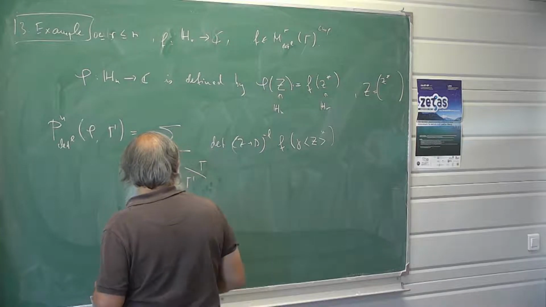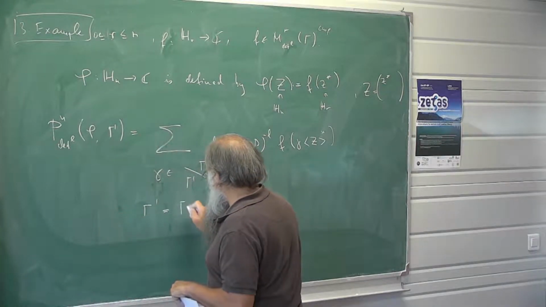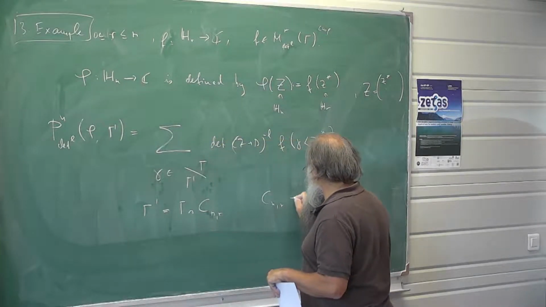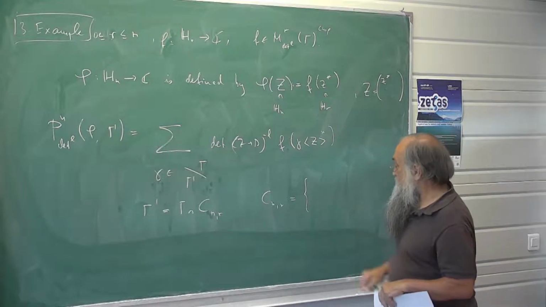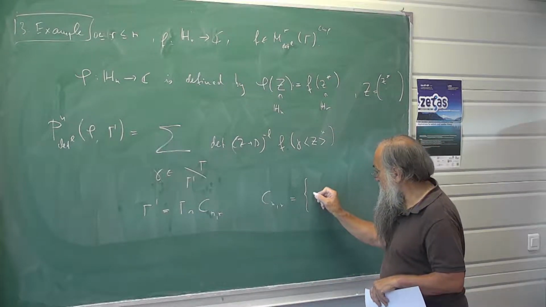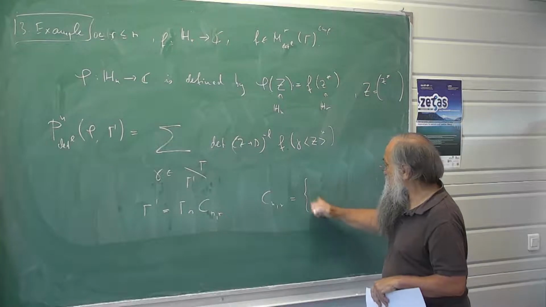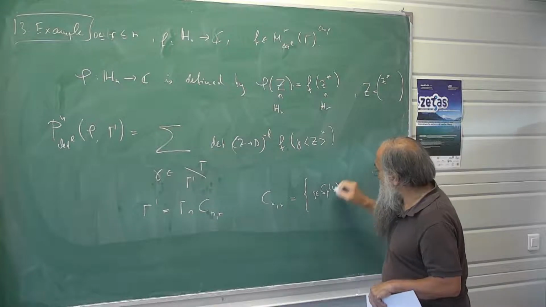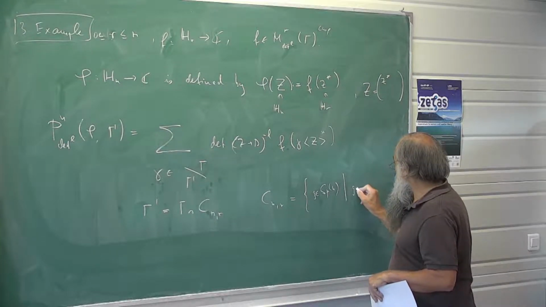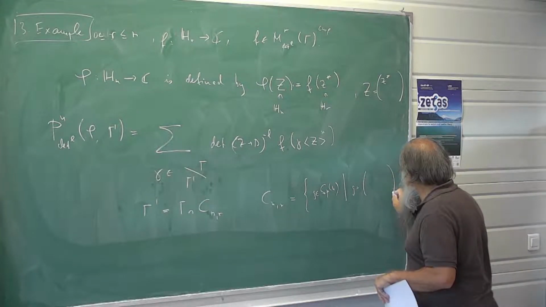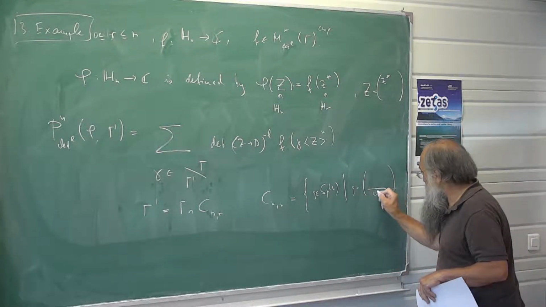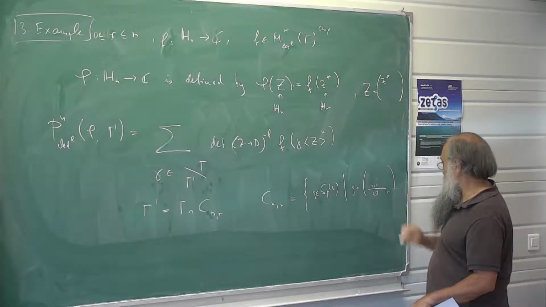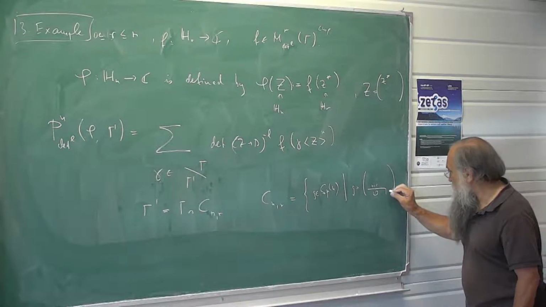And indeed gamma prime is nothing but gamma intersected with C and R, which is the set of all, I can write it in terms of an algebraic group G, with blocks of size n plus r and r, n minus r.